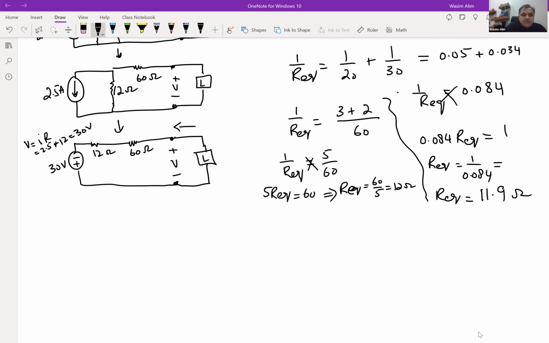Since these two resistors are in series, we can write this as a single resistance, which is 12 plus 60, so that is 72 ohms. And this voltage source is going to be 30 volts.